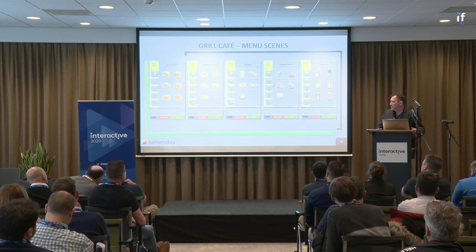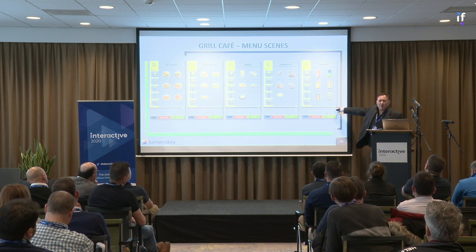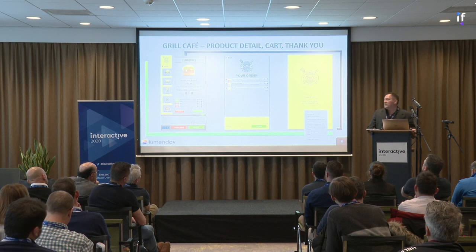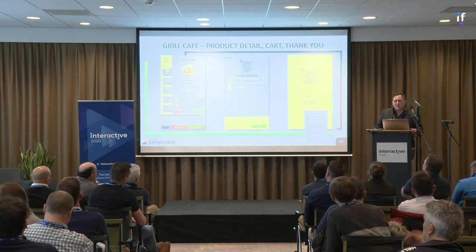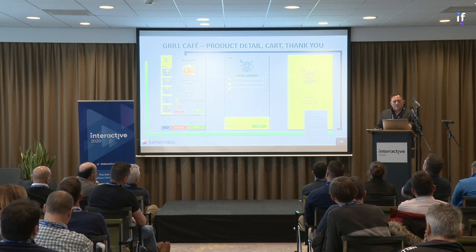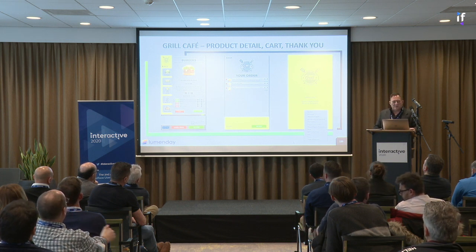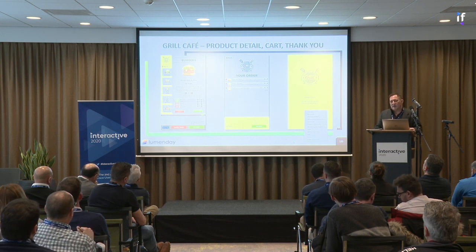But there is also a cart button, if you can see it, a small button right down there that if they click on that at any time, they can actually see the full cart, which is the middle illustration here. If they select an item to place it in the cart, then the first illustration will appear and they'll be able to see more detail about the item as well as select modifiers for the item.